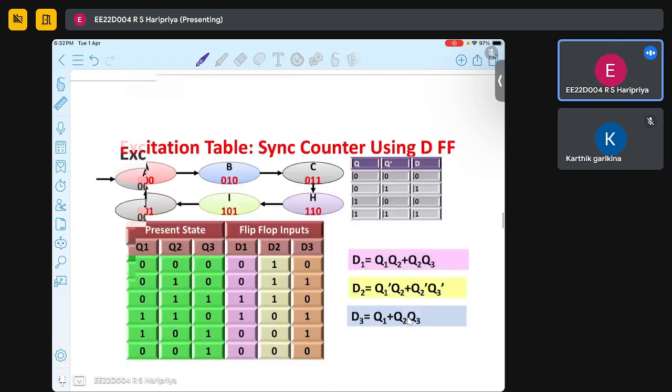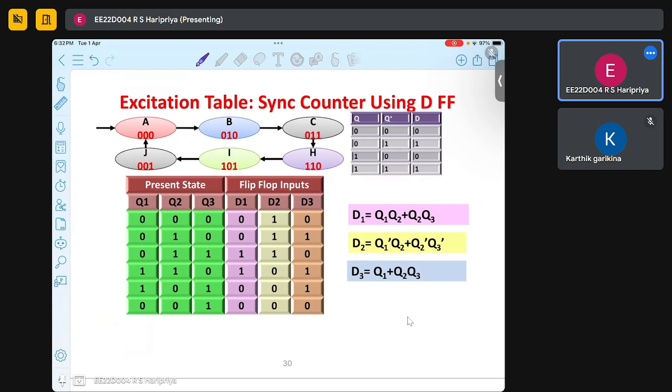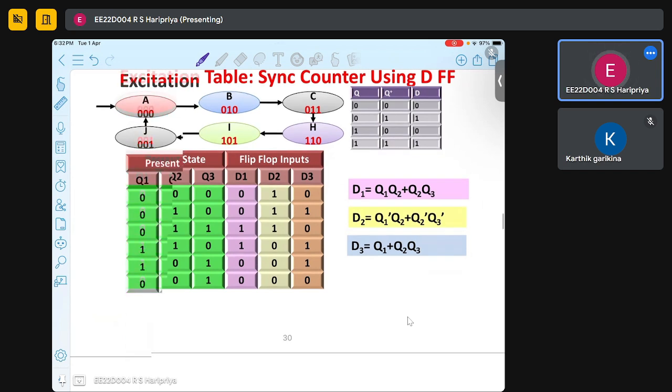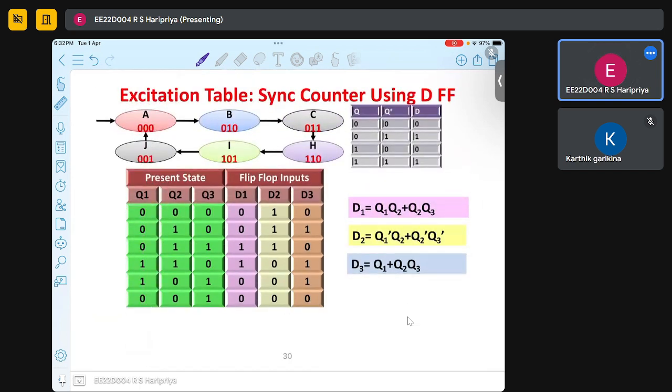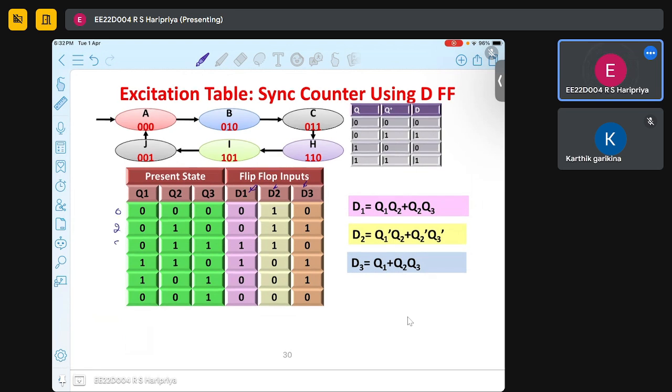We got this. Now these are the flip-flop present state and these are the flip-flop inputs. So what will be the equation for D1, D2, D3? So again, this we will use the K-map for simplification. And here we have written 0, 3, 5, 6, 1.